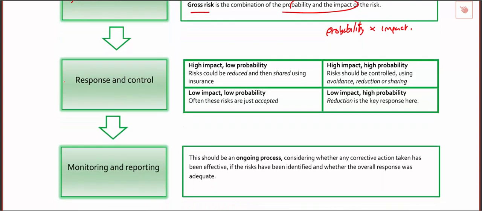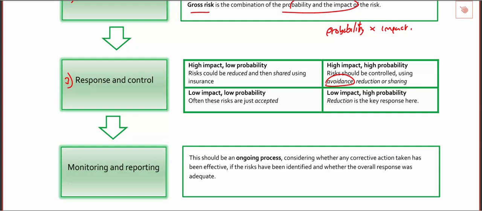Once I've done that then, and I know what the risks are, and I know how damaging they could be to me, I start thinking about controlling those risks. So I use a matrix to think about how likely they are to happen and the impact that they could have. So for example, if I've got a high impact and high probability risk, I might decide just to avoid it altogether and leave the market and not have to face that risk at all.